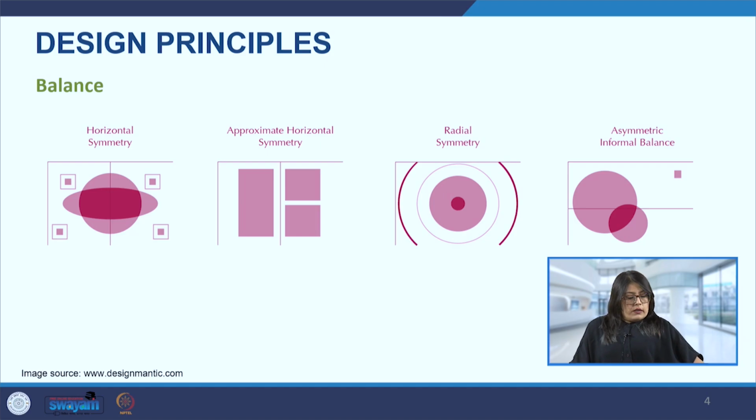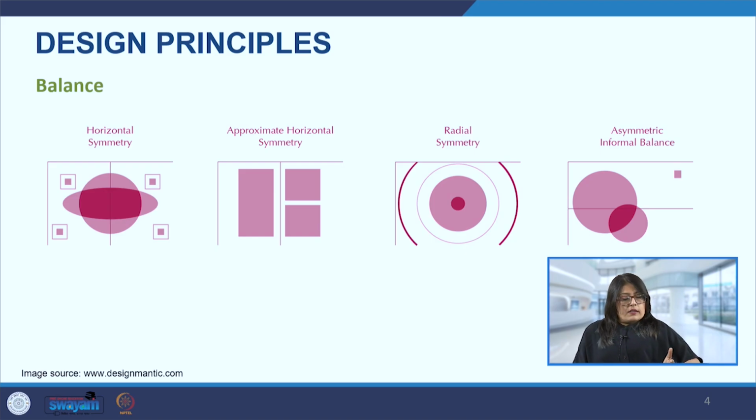Here we can see the horizontal symmetry. Symmetry is when, if we draw a line from the center, both sides are exactly the same, or they are a copy of each other. In the horizontal symmetry, if I draw a line across, the upper part and the lower part will both be exactly symmetrical.